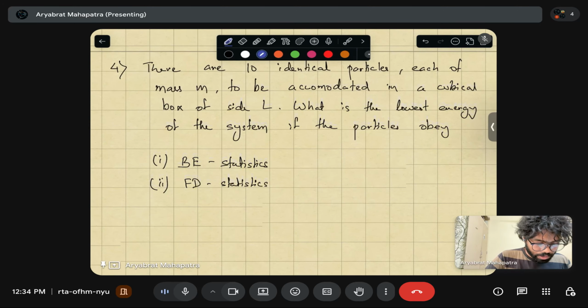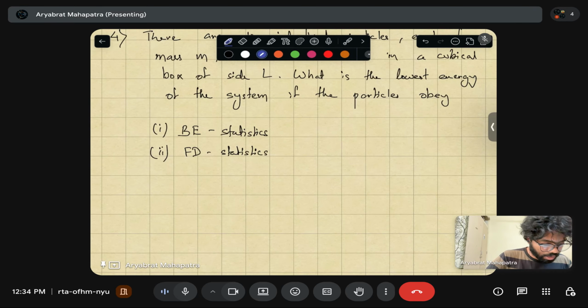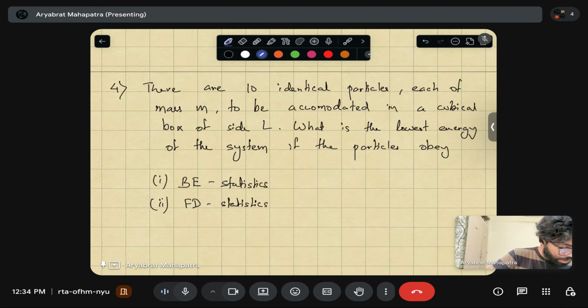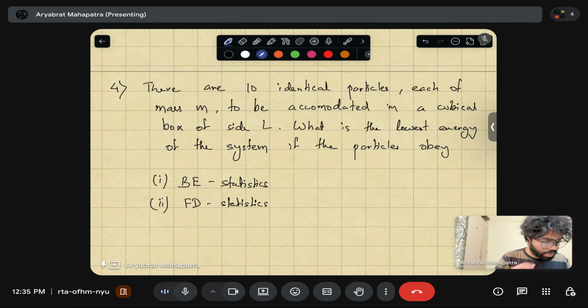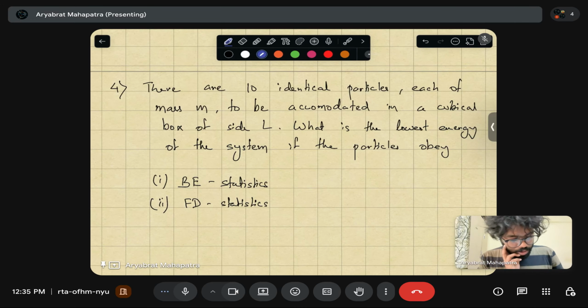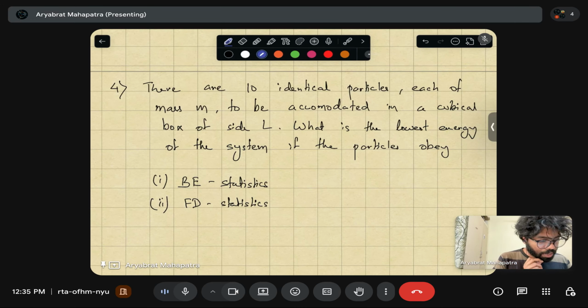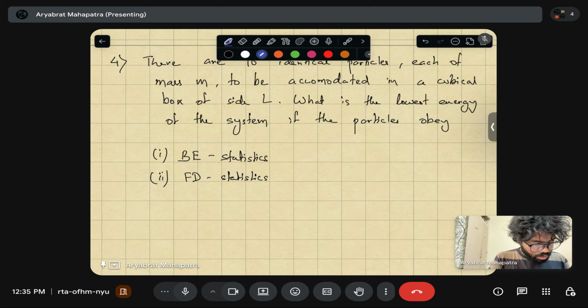So first of all, what would be the energy for a particle in this kind of infinite cubic well?